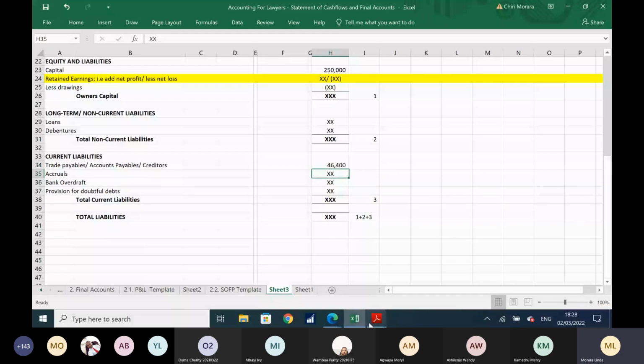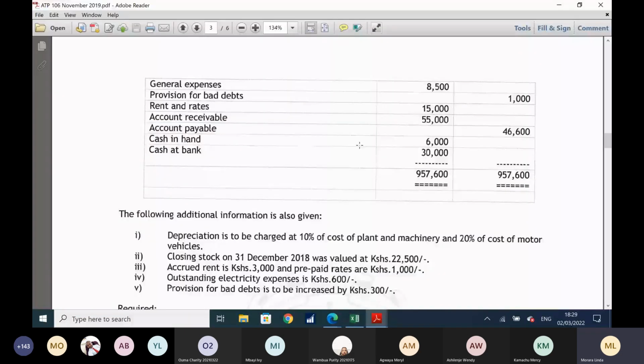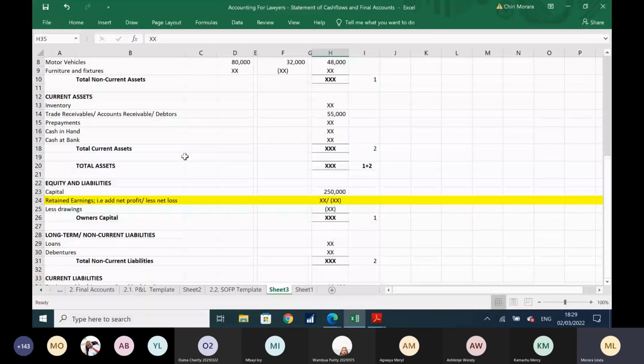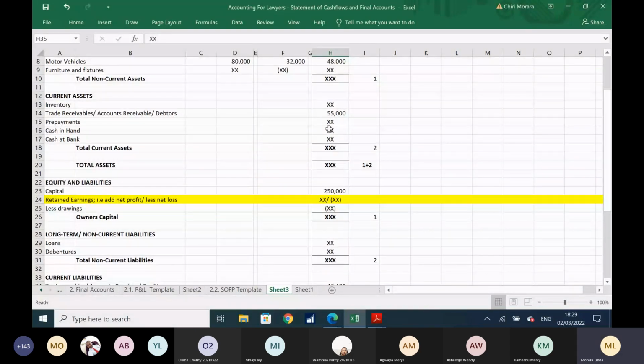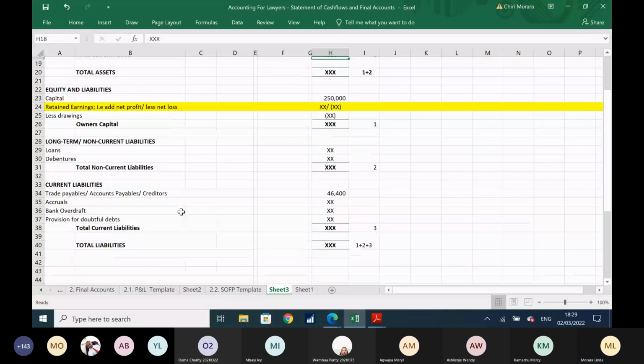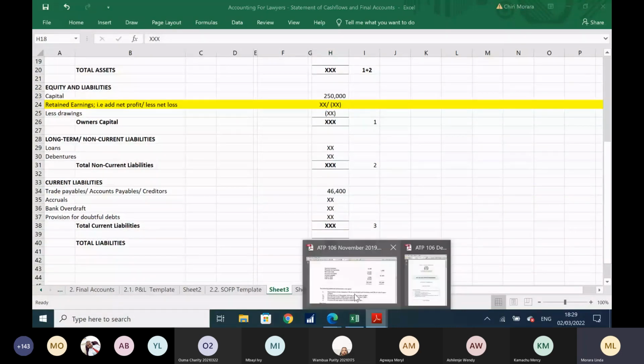That was also not affected. Your cash in hand is 6,000. Your cash at bank is 30,000. So 6,000 here and 30,000. Are we done? Yes, we are done.